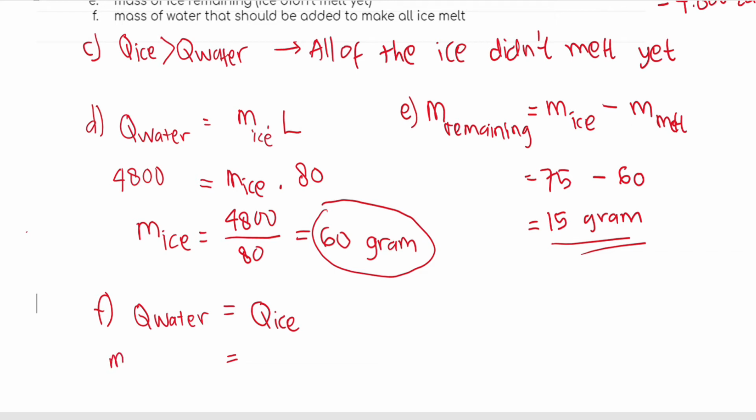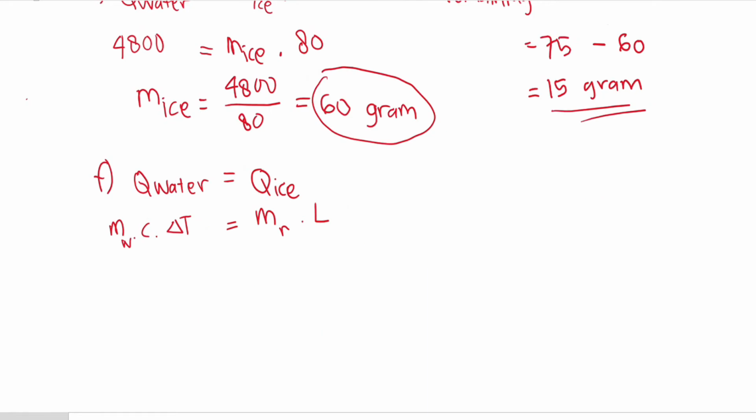So we need to calculate mass of water times C times delta T, and the Q for ice is just the mass of ice remaining times the specific latent heat. The mass of water we don't know yet, the specific heat capacity of water is 1, and the temperature difference is 24 minus 0.